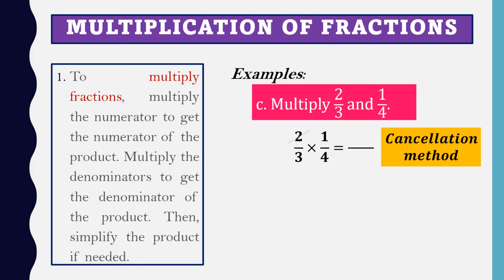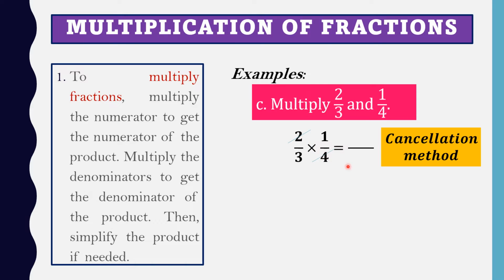So we have here an example: 2/3 times 1/4. As you can see, 2 and 4 have a common factor, which is 2.